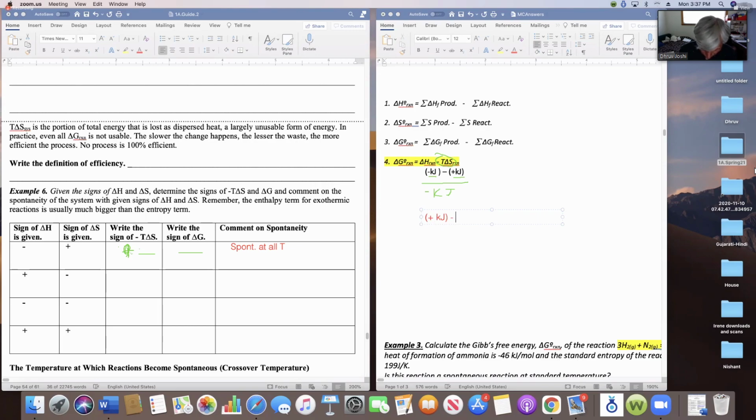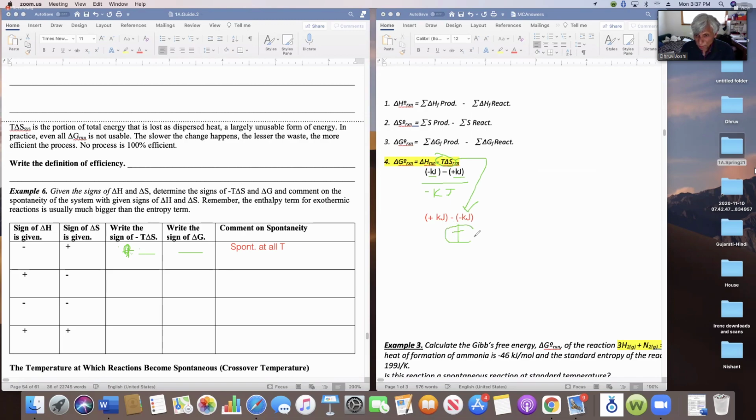Minus, and the sign of delta S is negative, so T delta S is going to be negative kilojoules. That's what that means. So this one is positive and this one is also positive.